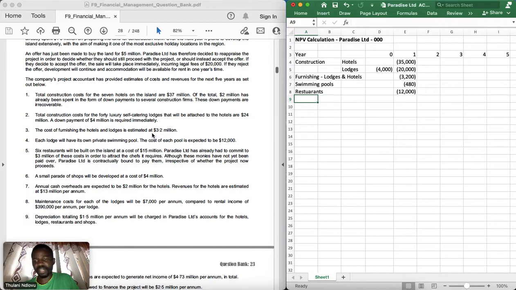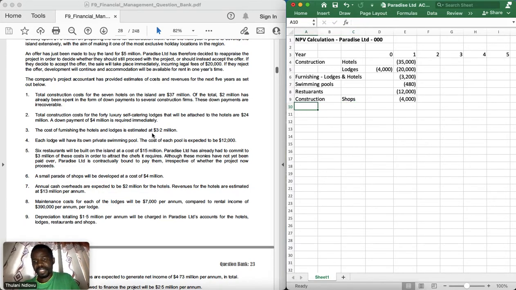We are left with a relevant cost of 12. Number 6, a small parade of shops will be developed at a cost of 4 million. So we construct the shops at 4 million.